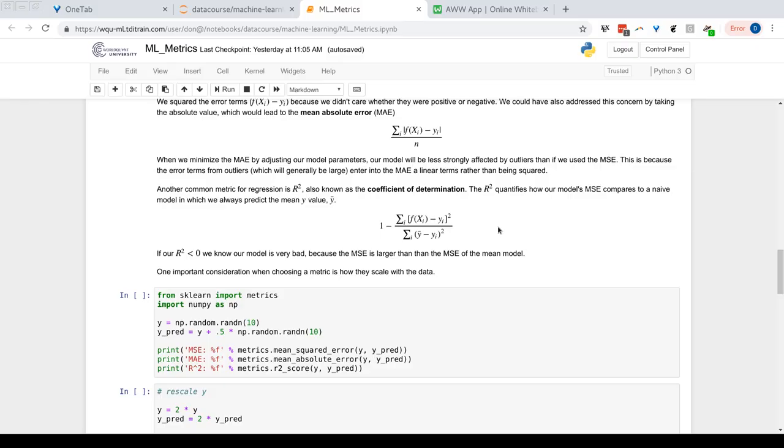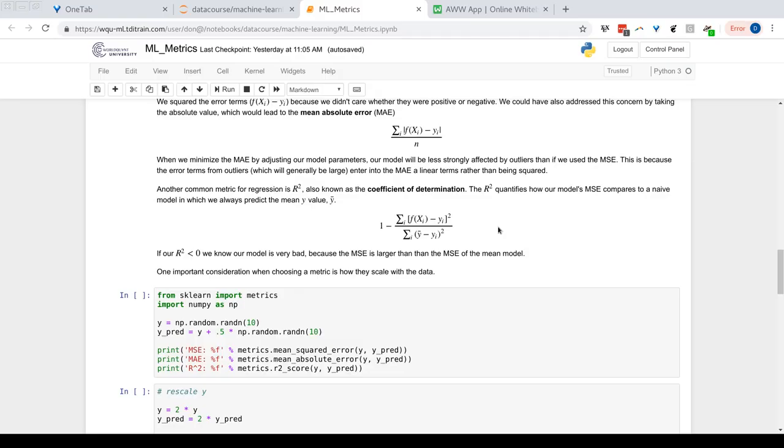Now let's see what happens if our model does just as well as this naive model, this benchmark model. What will its R squared value be? It doesn't do any worse or any better than this mean regressor model. If that's the case, then the mean squared error of our model is equal to the mean squared error of the naive model.